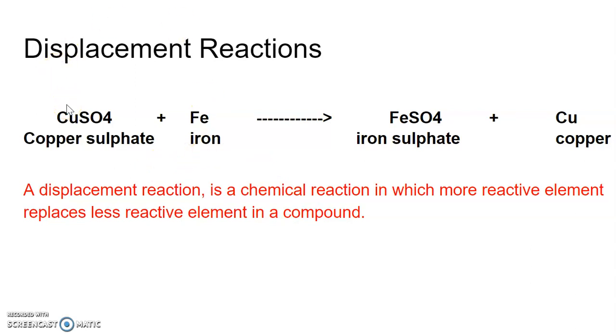So when we add some iron filings in copper sulfate solution, iron replaces copper from its compound and gives rise to a new compound, that is iron sulfate, and copper will get free. So these kinds of reaction are known as displacement reaction.